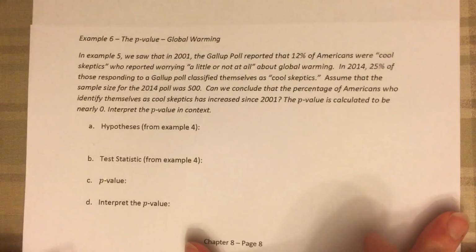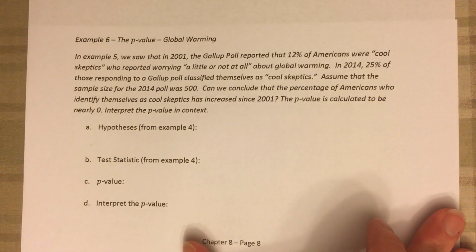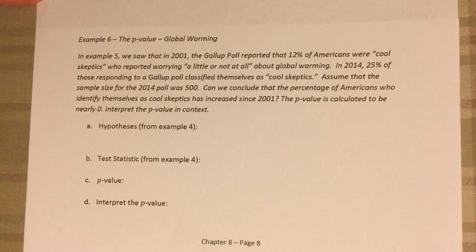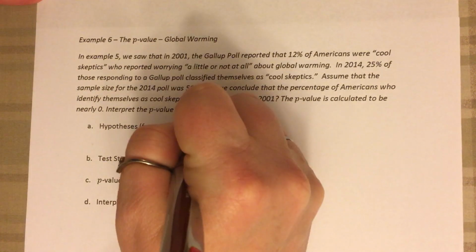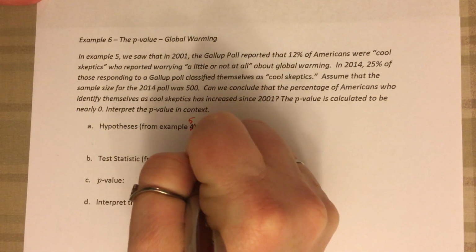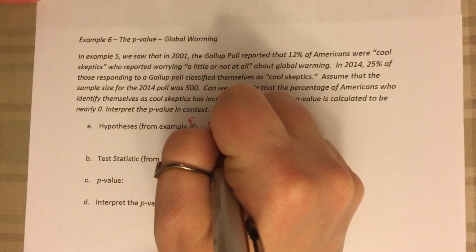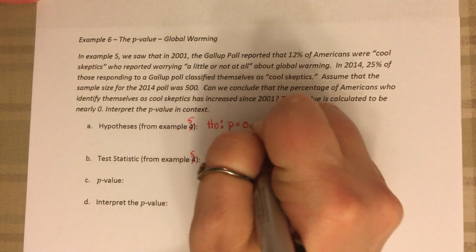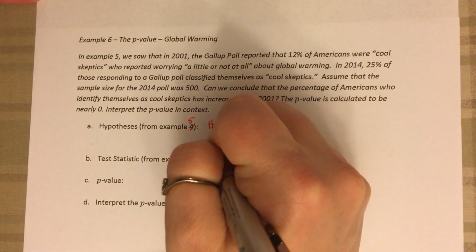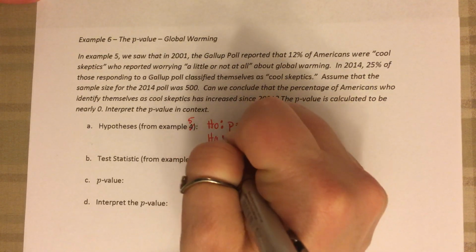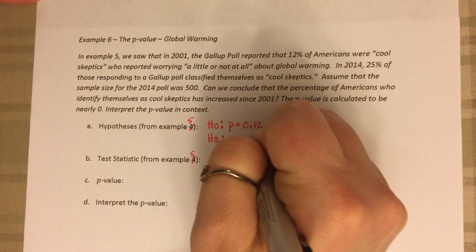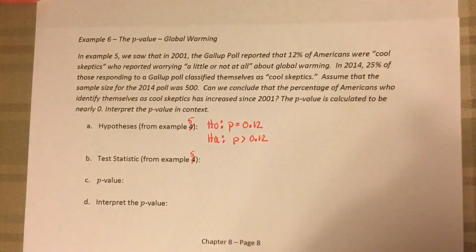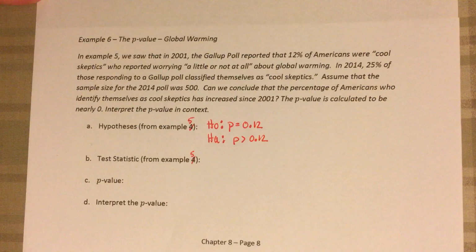Okay, so the first thing I'm going to do is copy down my set of hypotheses from our last example. It should be example 5 here. All right, so our null hypothesis was p equals 0.12, and our alternative hypothesis was that p was greater than 0.12, right? Had the percentage increased.